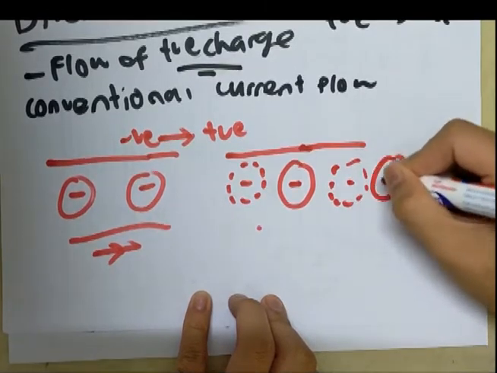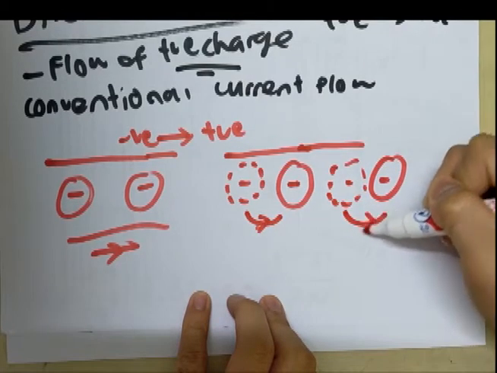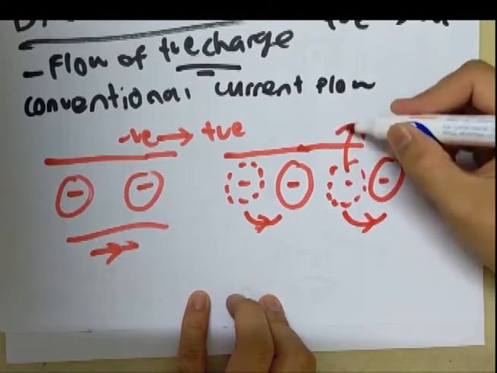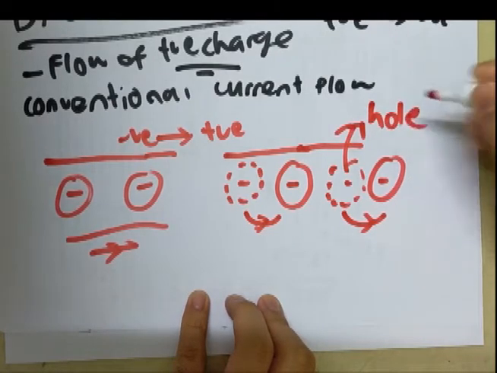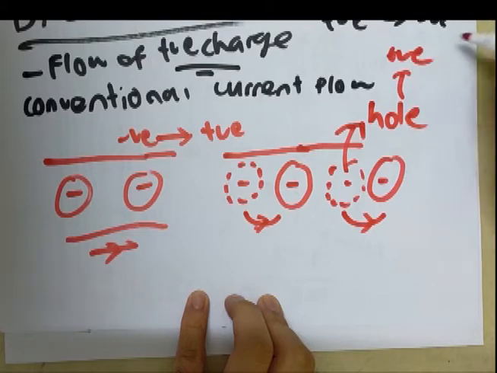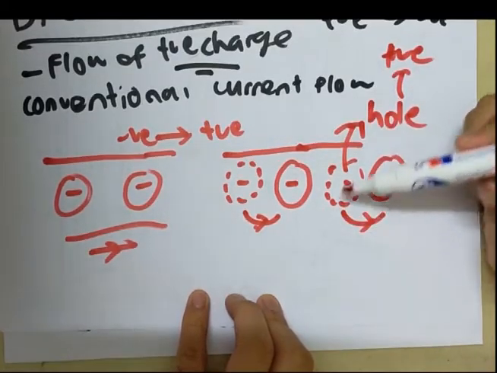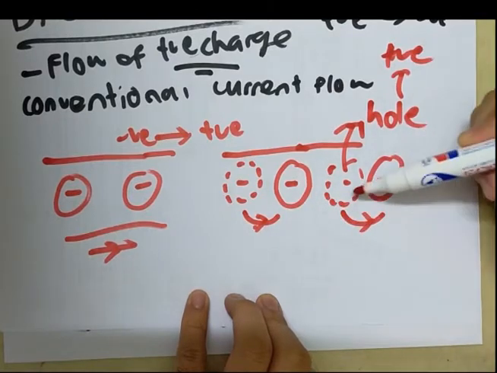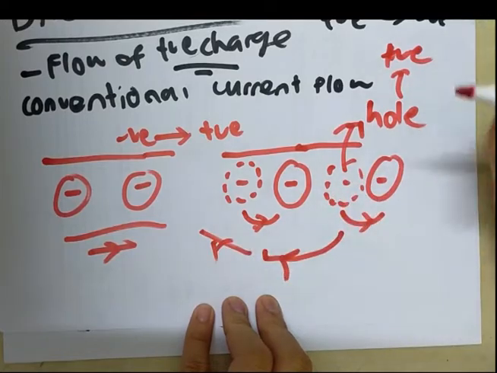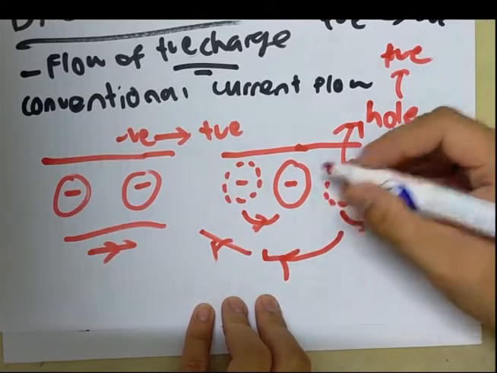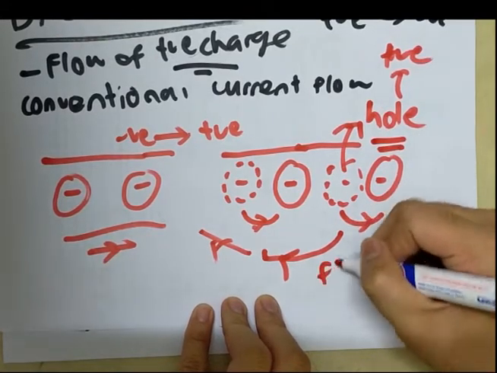This one jumps to here, this one jumps to here. So when it forms a hole, this is the so-called positive, but it's actually just a hole with nothing inside. Because electrons jump forward, this hole would seem like it is jumping backwards. So this hole would be your flow of current.